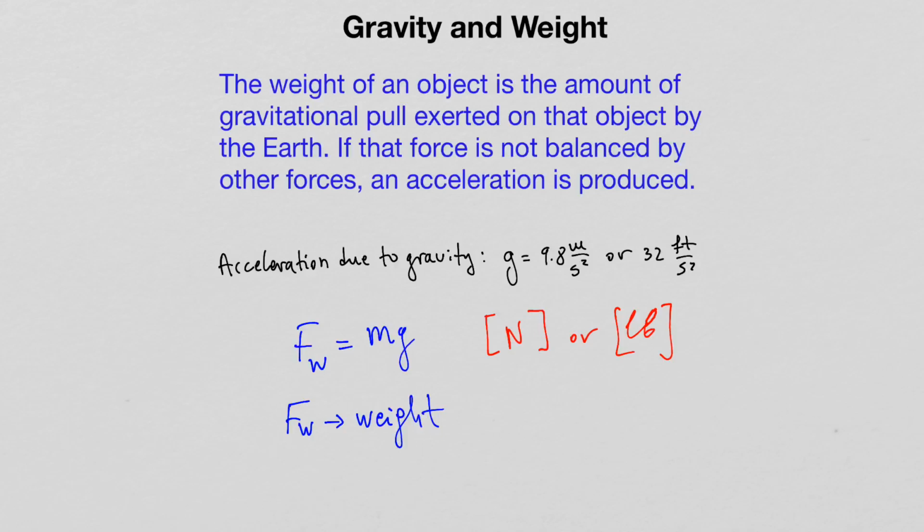This particular formula for the weight is used a lot throughout the course, so it is very important to remember this definition and be able to use it when necessary. And one more time, I'd like to stress that the units for weight are newtons in the metric system and pounds in the imperial system.